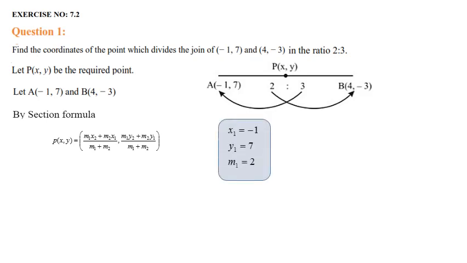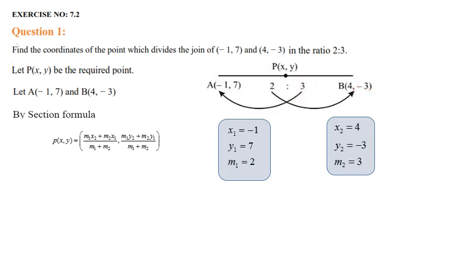First of all, we have to write from here. This is the first point, that is (-1, 7). From here we can write x1 is equal to -1, y1 is equal to 7, and m1, that is this part, is equal to 2, we have written. And another one, that point B, I can take it as x2 is 4, y2 is -3, and m2 is 3.